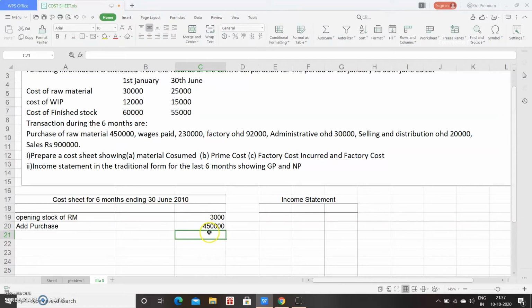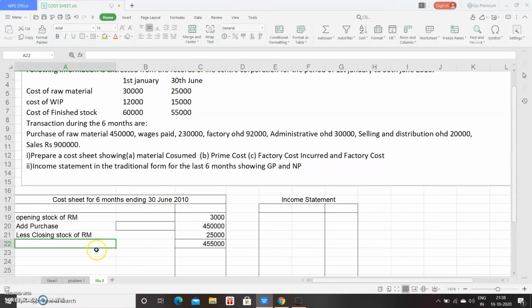And with that we will deduct the closing stock of RM. Closing stock of RM is given at 25,000. So raw material consumed will be 4,53 minus 25, which is 4,55,000. This is your raw material consumed.